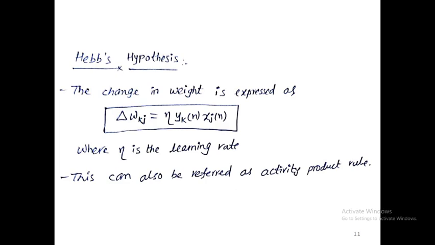Simply, the change in weight as per Hebb's hypothesis is the product of the postsynaptic signal Yk of n and the presynaptic signal Xj of n, multiplied with the learning rate parameter. This can also be referred to as the activity product rule.